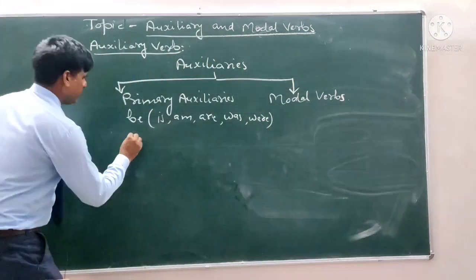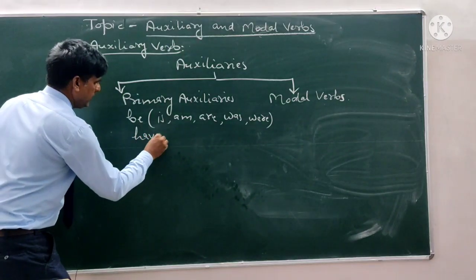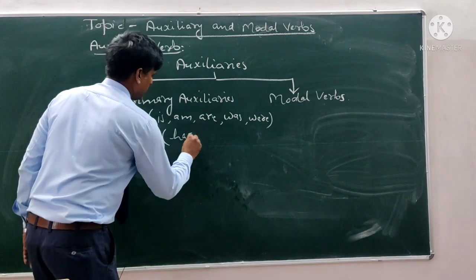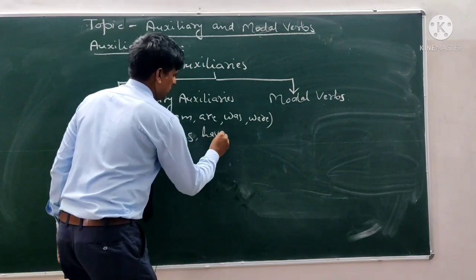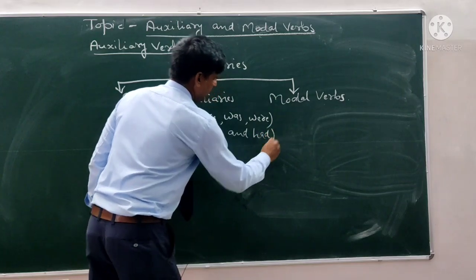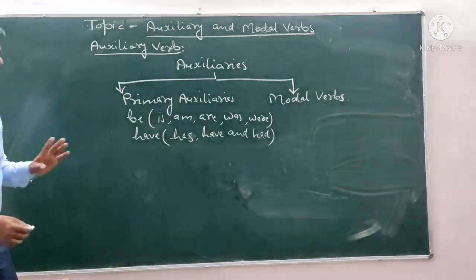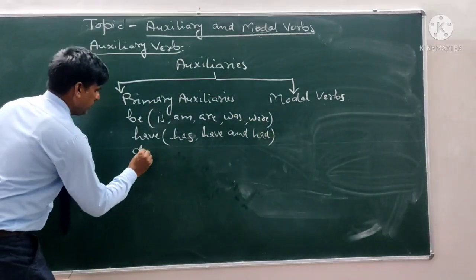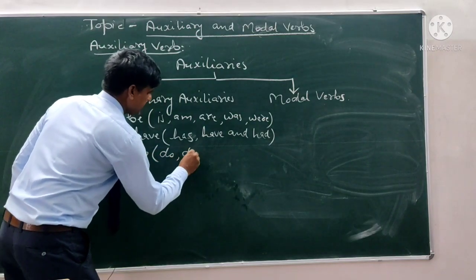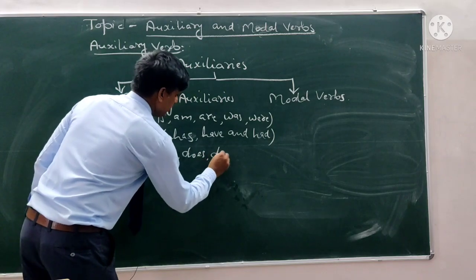Then there is verb have. In verb have we use has, have and had. And then there is verb do. In verb do we use do, does and did.